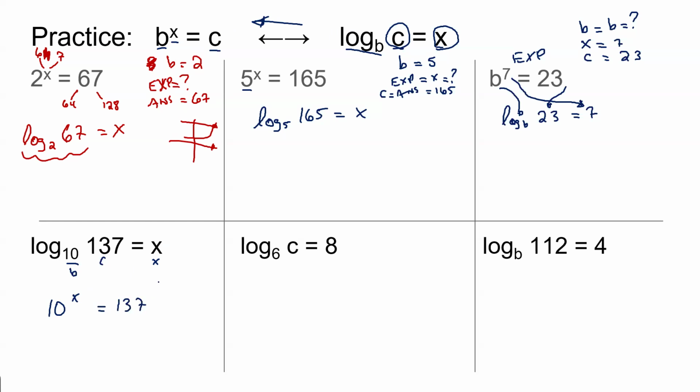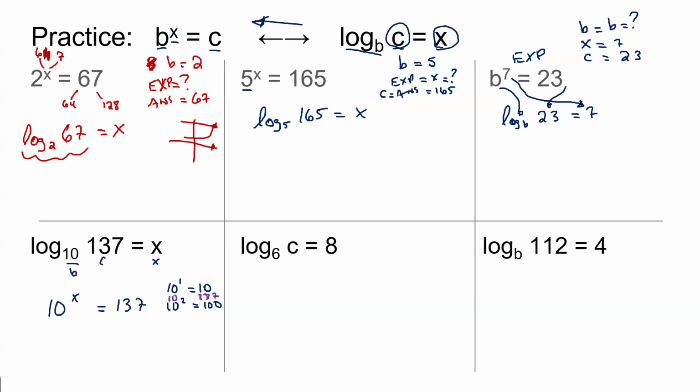Okay. Again, this still doesn't really answer the question of what these values are, but I can start to get a feel for what they are. I know that 10 to the first is 10, and 10 to the second is 100, that'd be 10 times 10. And see how I'm looking for a number that fits in between those. 137 is somewhere there in the middle.